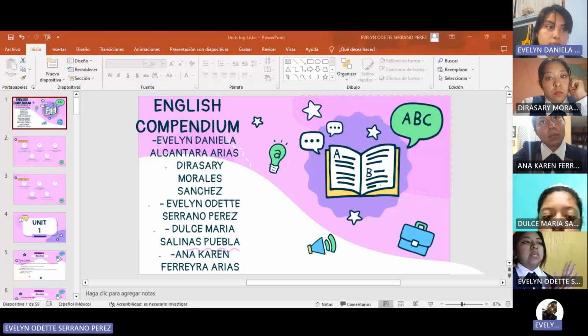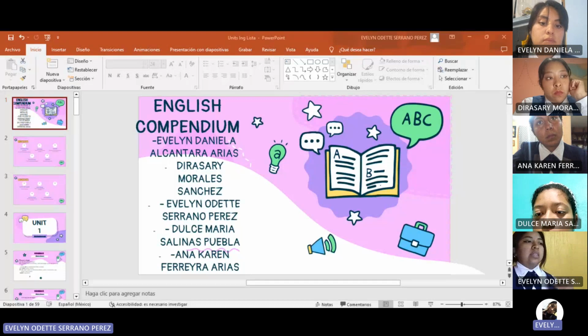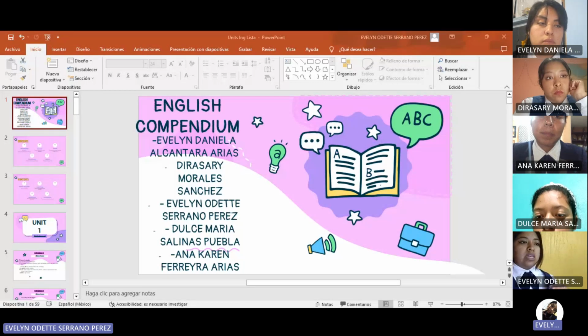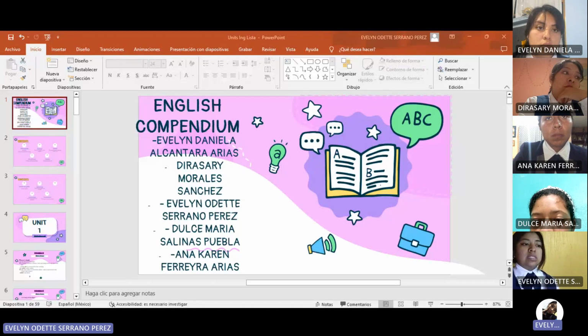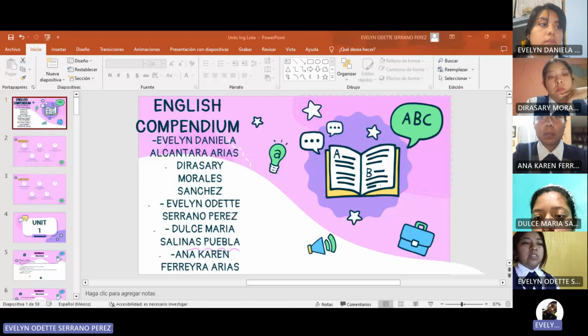When the reporting verb is in the present tense, we don't change the tense. I've never seen them in concert, and she says she's never seen them in concert. When we report questions, the word order is the same as in statements. Use if or whether to report yes/no questions. Whether is more formal.